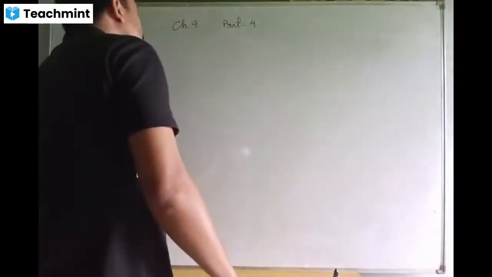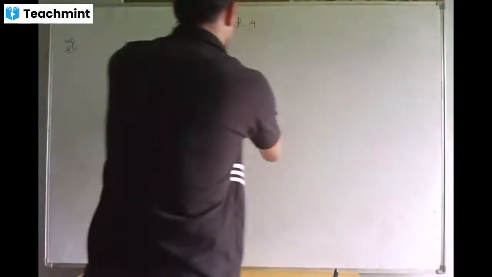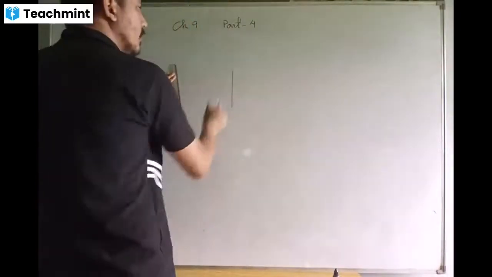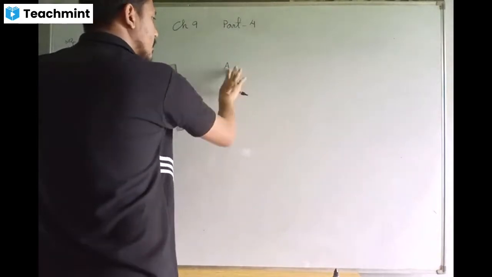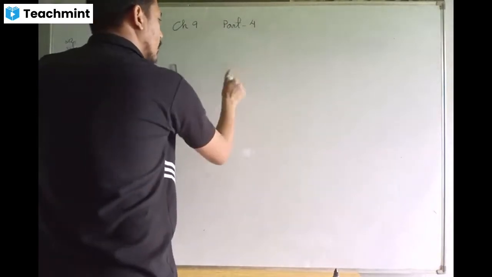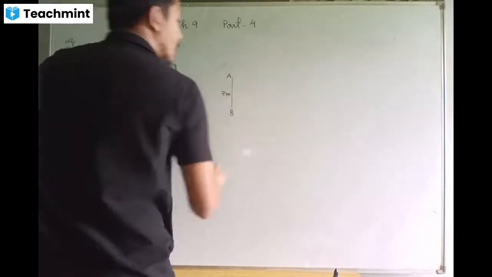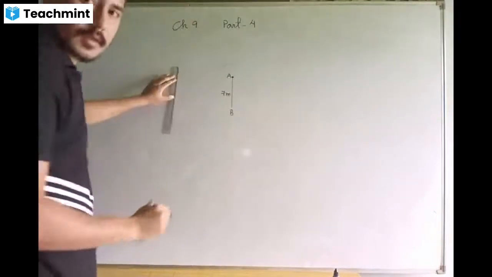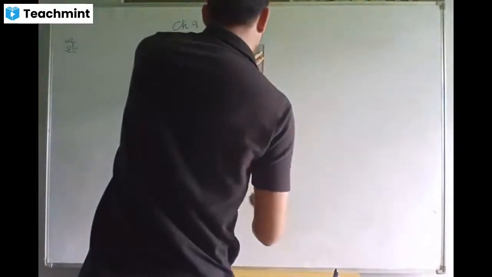So there is a 7-meter tall building. This is your building. AB is your building, which is 7 meters tall. The observer is at the top of the building. Opposite to him, there is a tower.